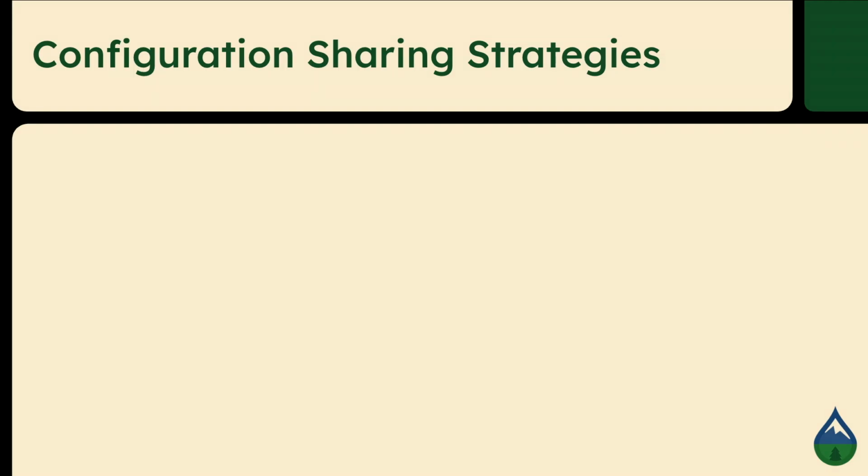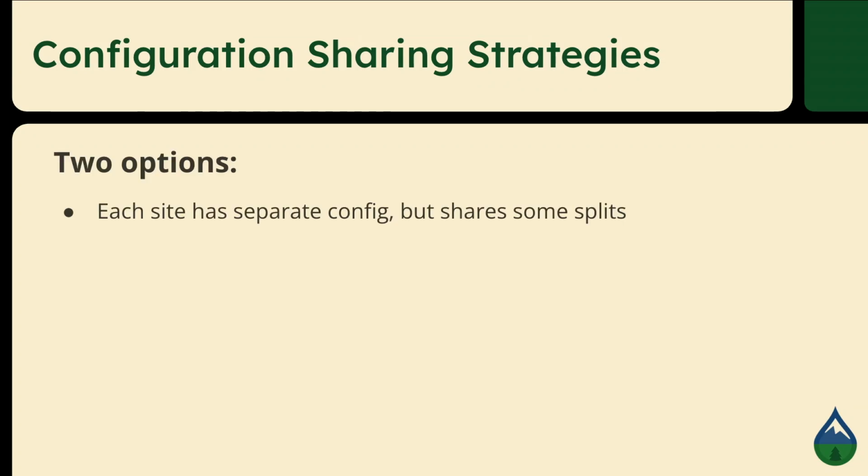So that was all dealing with just an environment split, saving development settings. I use configuration split to share configuration across a multi-site of 33 sites. There are two ways you could try to do that. You could have each site having a separate configuration sync directory, but then sharing some splits for features or whatever.